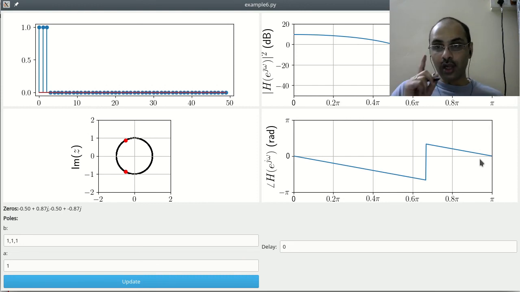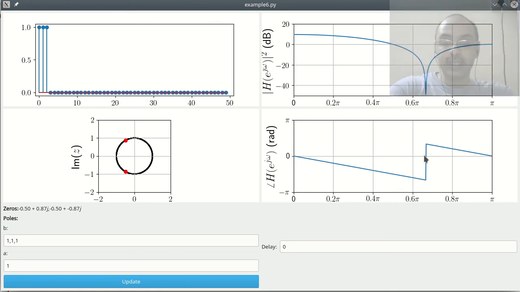But if you recall your differentiation theory, differentiating at 2 pi by 3 and 4 pi by 3, which is not shown here, is tricky. You cannot differentiate this sequence at 2 pi by 3 or 4 pi by 3. So what is the group delay? At 2 pi by 3 and at 4 pi by 3, it is not defined.